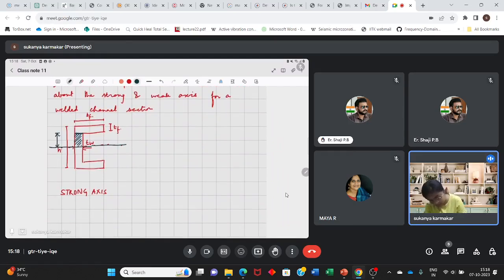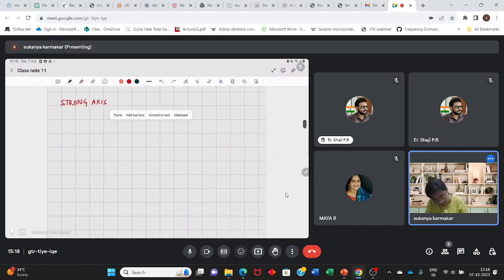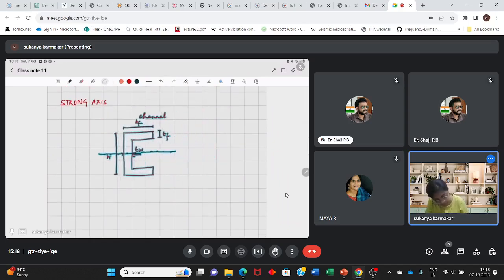H is the total height. Let's take this area.